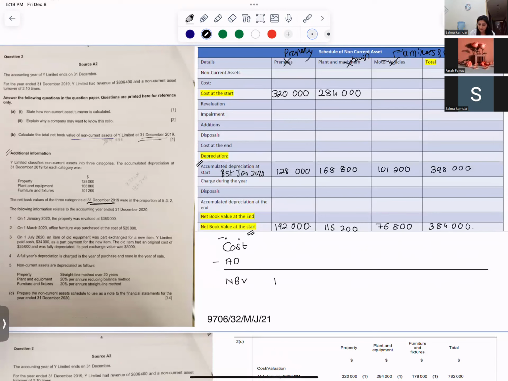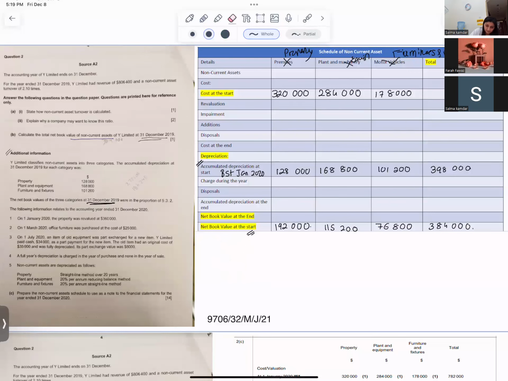And for furniture and fittings? 178,000. So the total cost is how much? $782,000. Yes. Are you with me? Yes. Okay, fine.